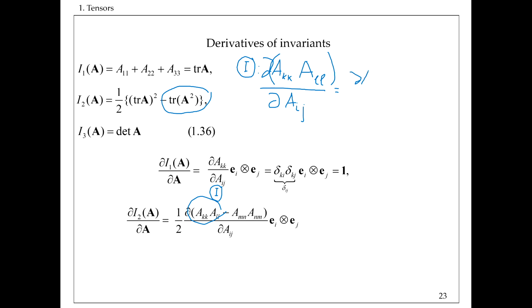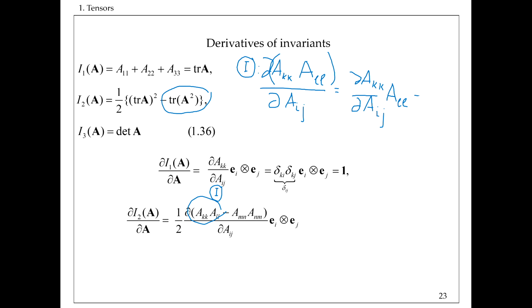Let's take the derivative of the first term akk with respect to daij, and then I multiply it by what is left from the parentheses, all.